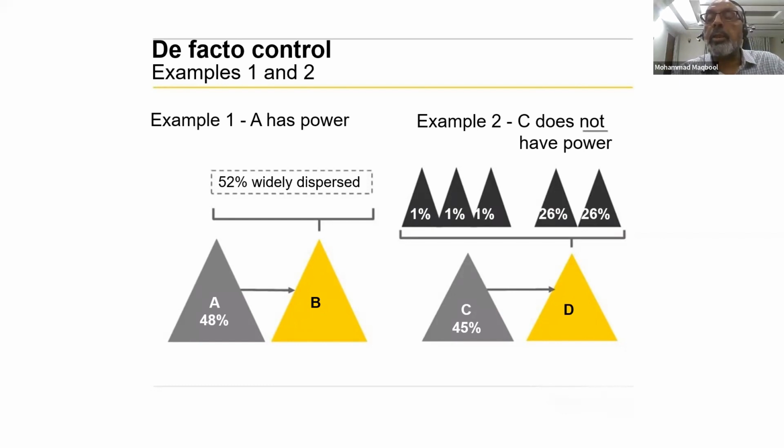In this case, C does not control D, because it's quite practical that the two shareholders who hold 26% each may act together. So they will deny the control of C. That's why we have to look at what I said on the earlier slide.